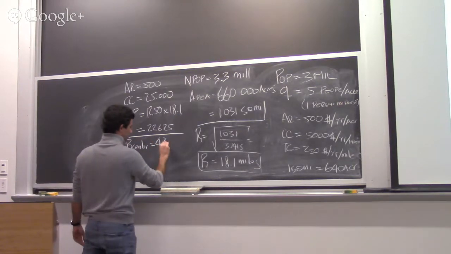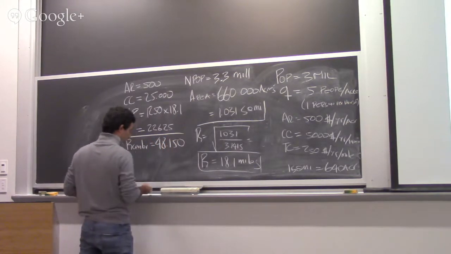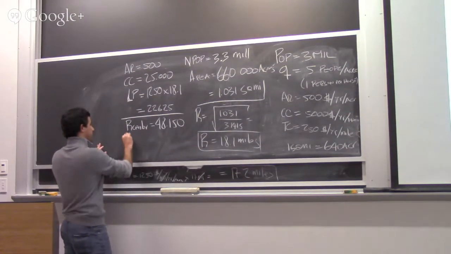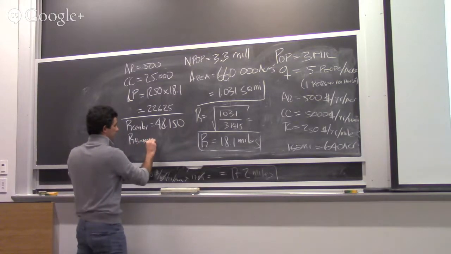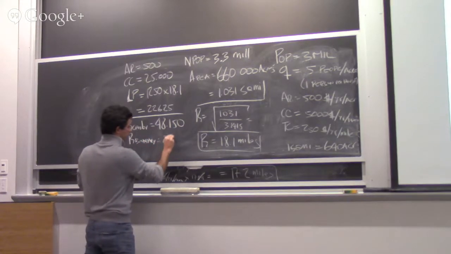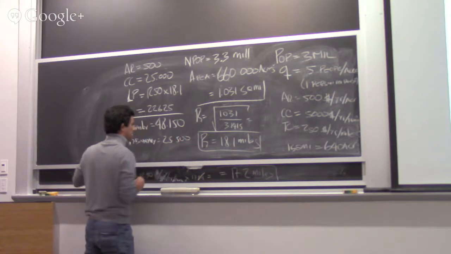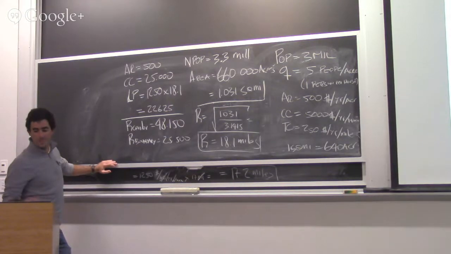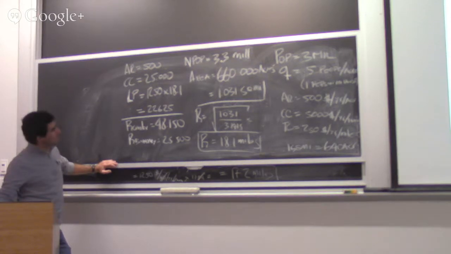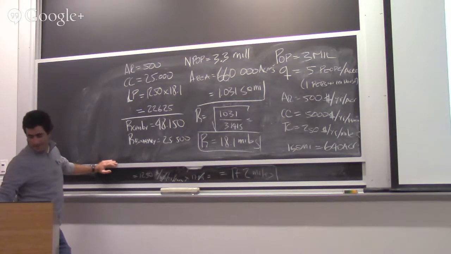48,150. What's the rent at the boundary? It's gonna be the same. How much is that? 25.5. Right. Would he ever ask for the rent of the old boundary?